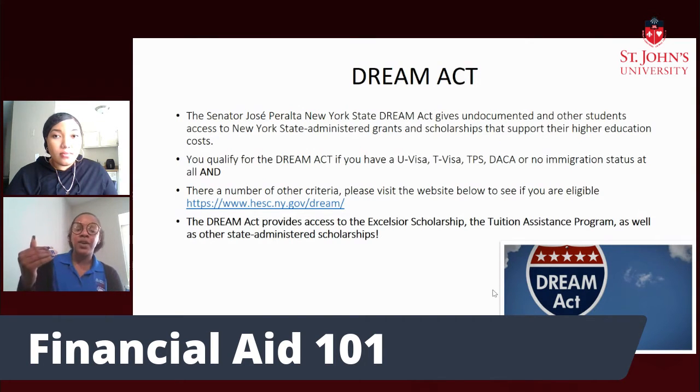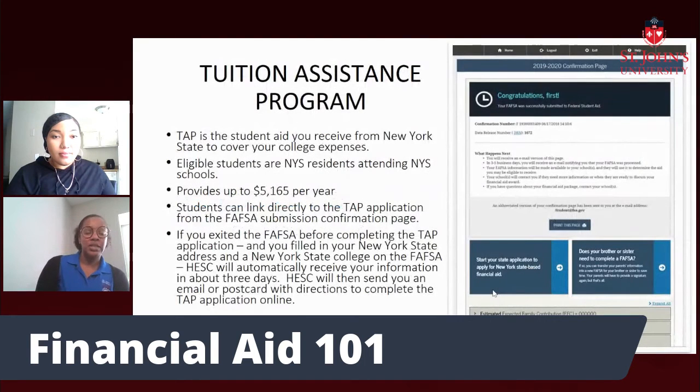Based on the funding source, that will determine what criteria you need to meet in order to receive access to that money. Again, the DREAM Act allows students with no immigration status at all or those other statuses to access the money toward the Excelsior Scholarship, TAP, which stands for Tuition Assistance Program, as well as other state administered scholarship programs, okay?